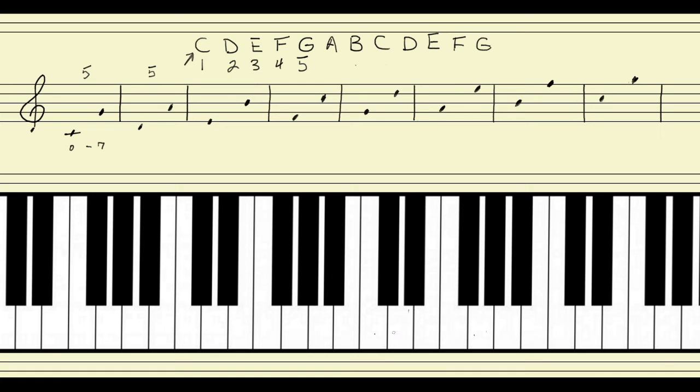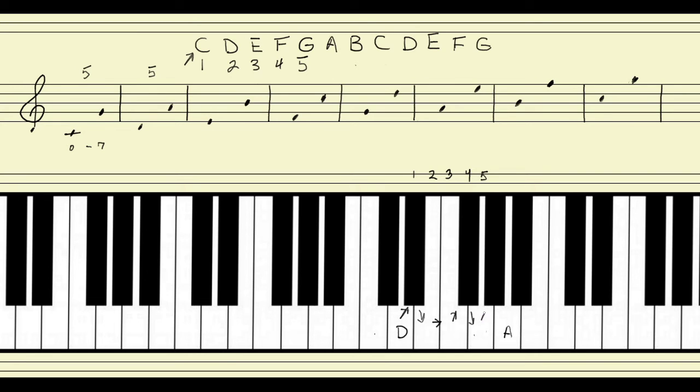So let's count D. I'm going to mark out my D here, my starting note, and my A here, my ending note. So D to D sharp is 1. D sharp to E is 2. E to F, again, that white note half step, is 3. F to F sharp is 4. F sharp to G is 5.